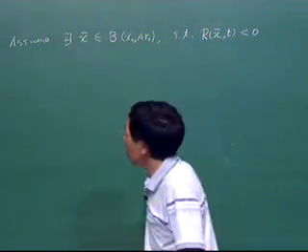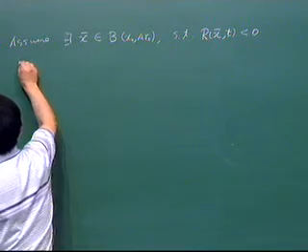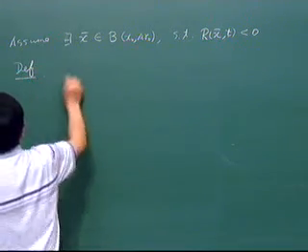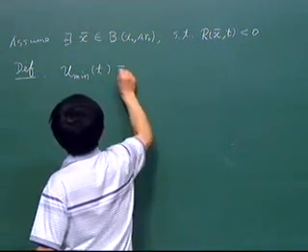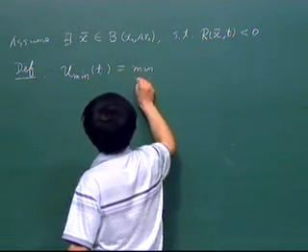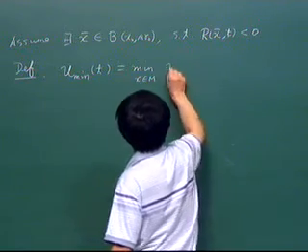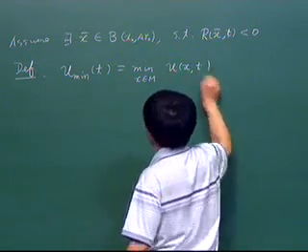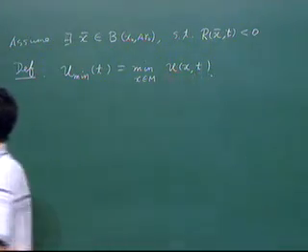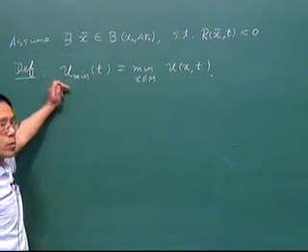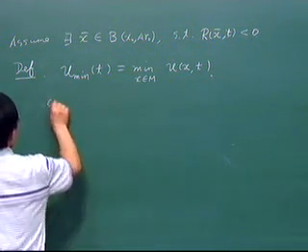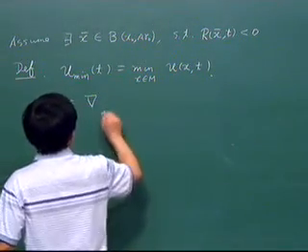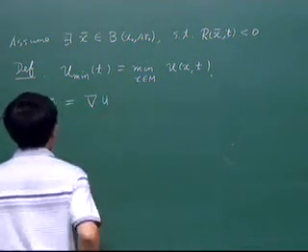So we define a function u_min(t), the minimum over x of u(x, t). At the point which realizes the minimum, we have the derivative of u equal to 0.